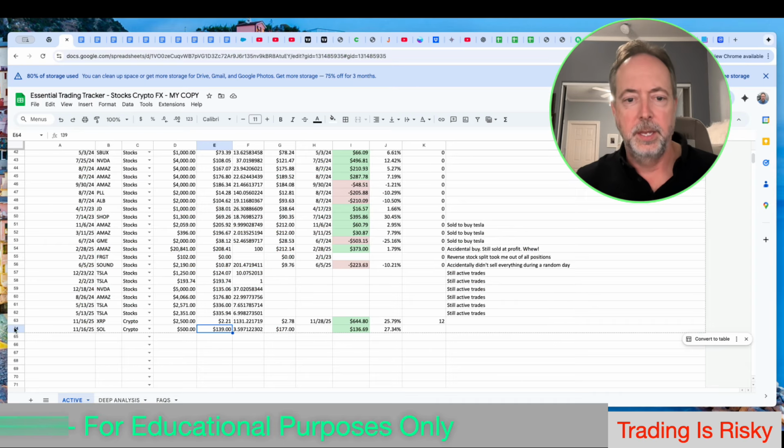It's at 139 right now. Okay, let's see here. If I invest 500, I buy at 139. I can get basically 3.59 shares or coins. And then if I want to sell at 177, which was that one mark where I told you the line was going to come back.